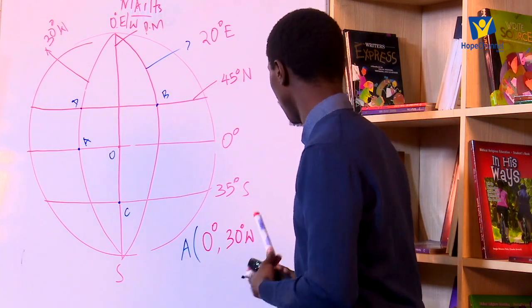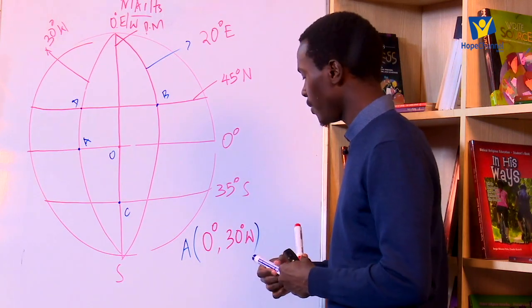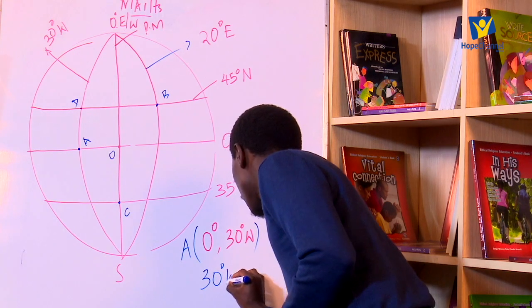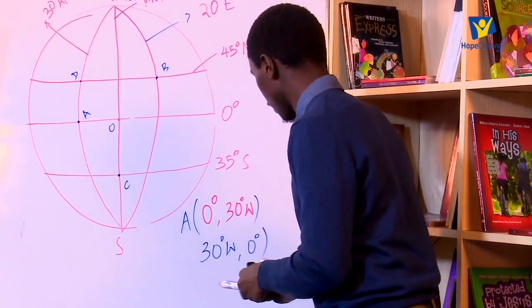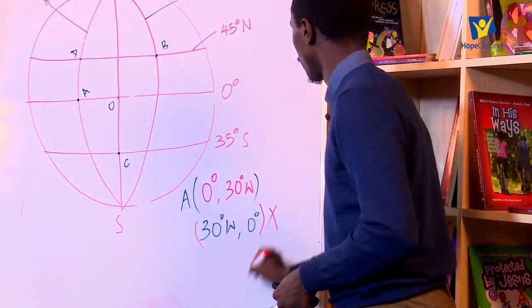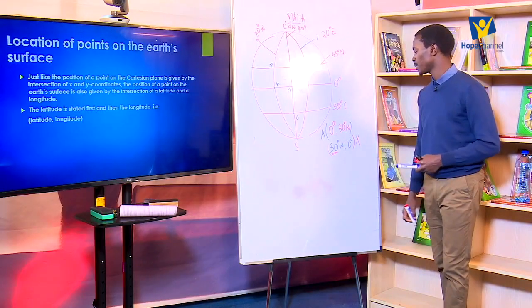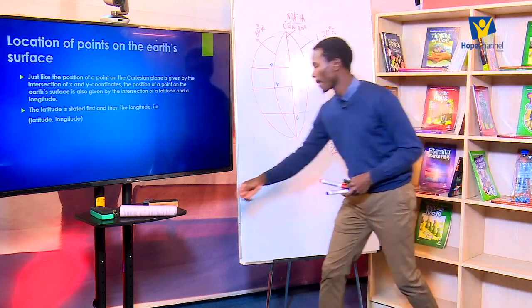And that is the location of A. Now if you write it as 30 degrees west, comma 0 degrees, this one is a wrong location, because we don't start with the longitude, but we start with the latitude and then the longitude.